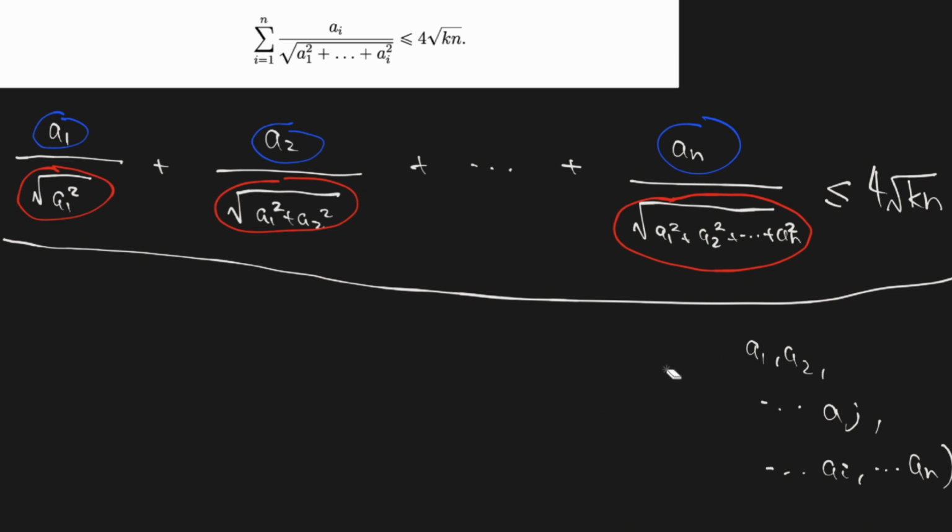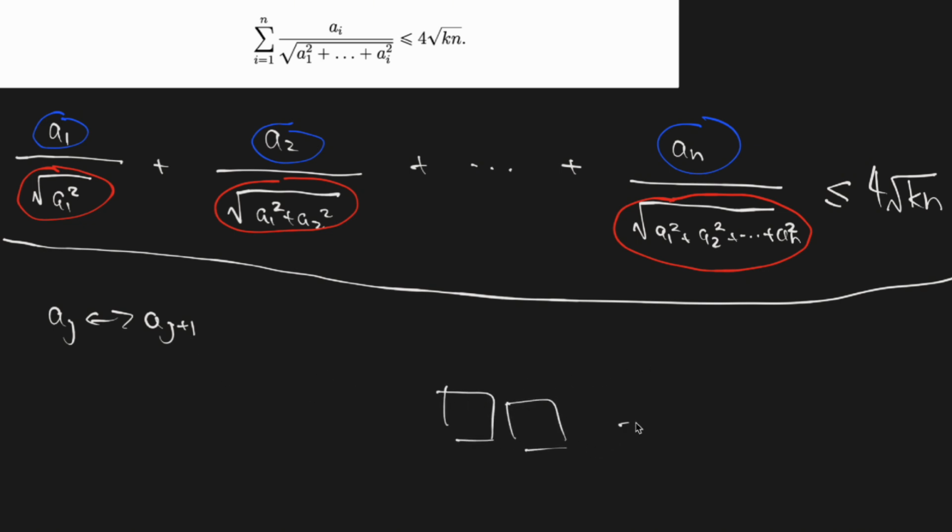And what we can do is that instead of mixing random AJs and AIs, which are far apart and unrelated, what if I just mixed AJ and AJ plus 1? Well, if I could do that, then whenever we have the sequence, I can just permute the adjacent terms, and eventually I'll get to a point where they are ordered in ascending order, which is what we eventually want.